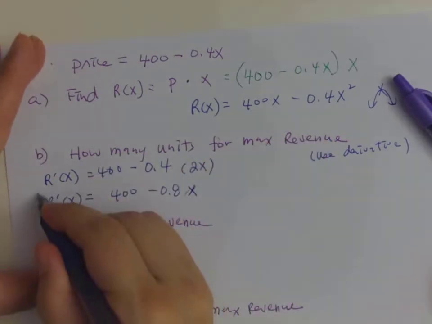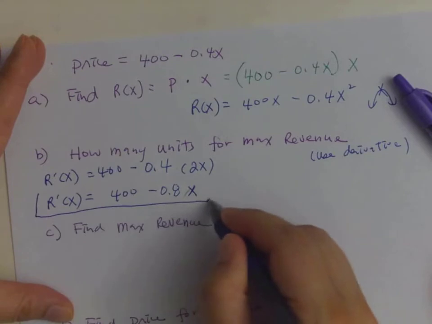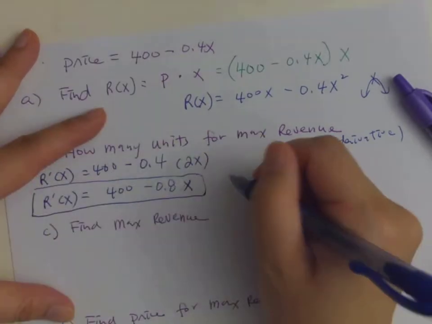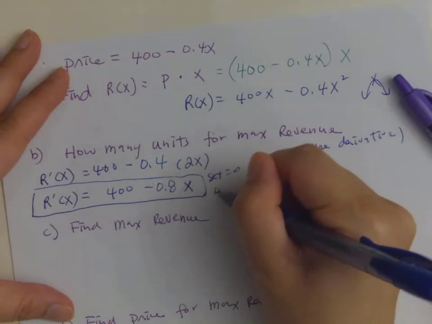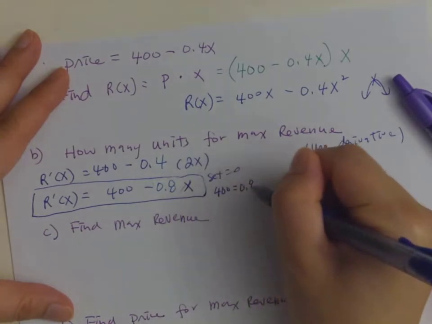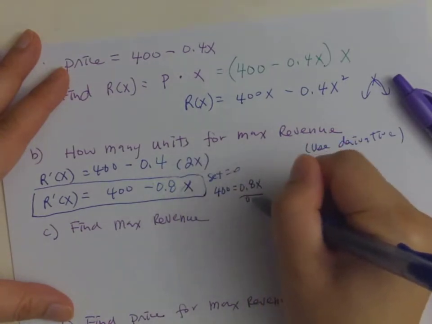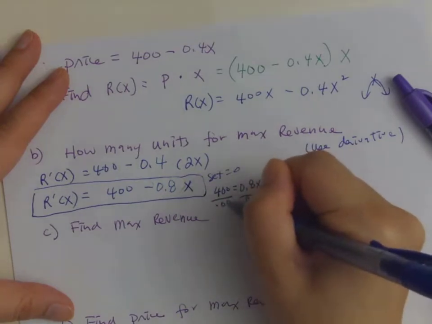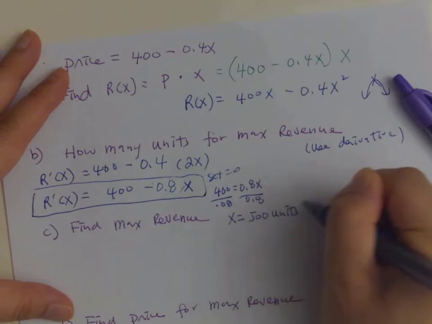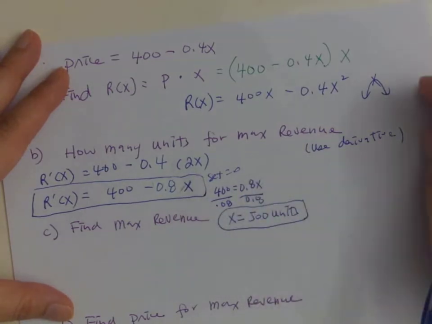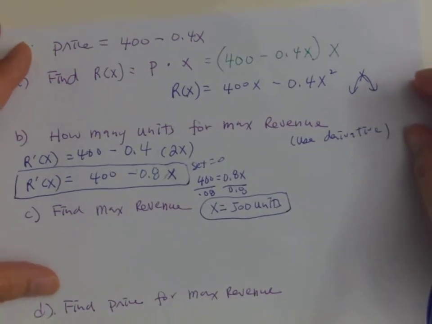Alright, so that's my first derivative. If I set it equal to 0, I can get the critical number. So 400 equals 0.8x. Divided by 0.8, x is going to be 500 units. So to maximize my revenue, I will have to sell 500 units.